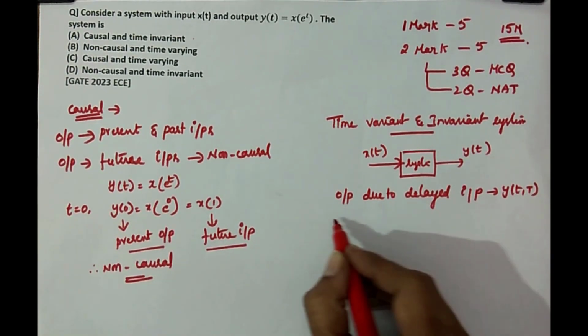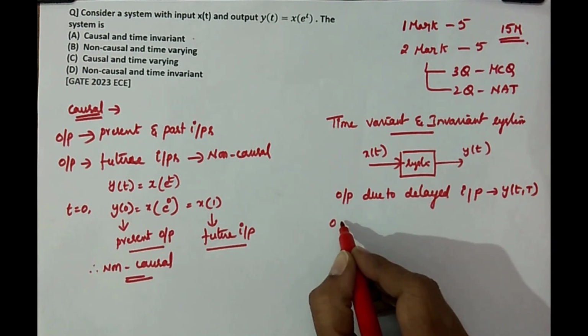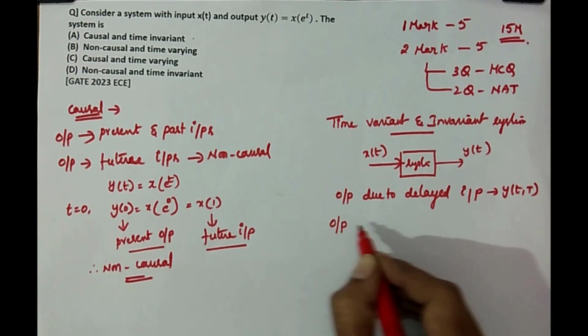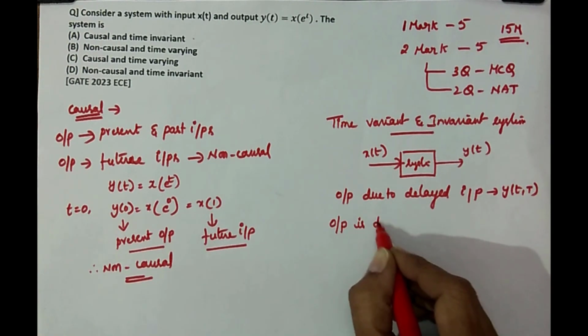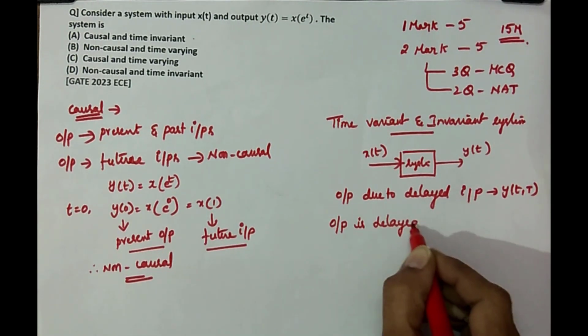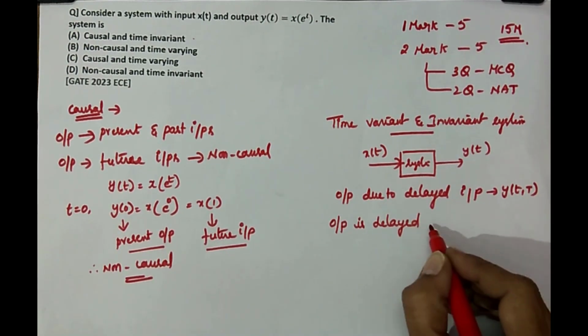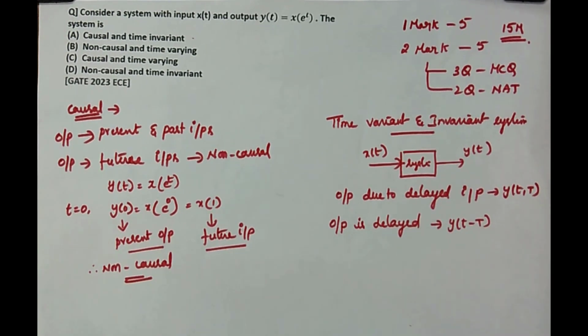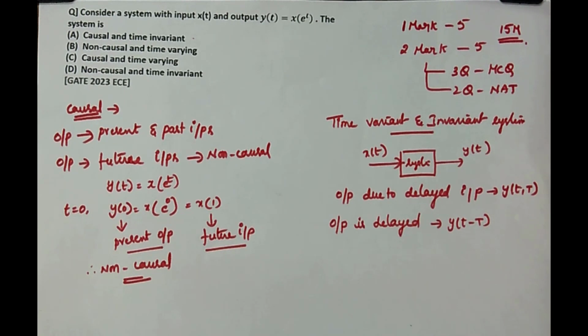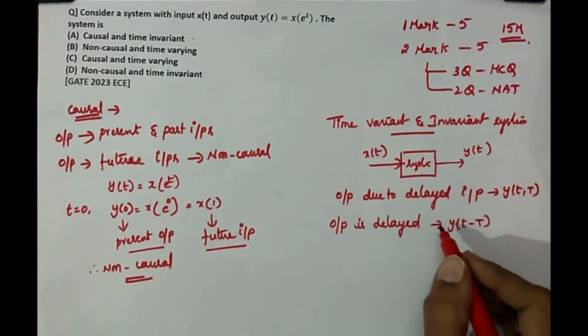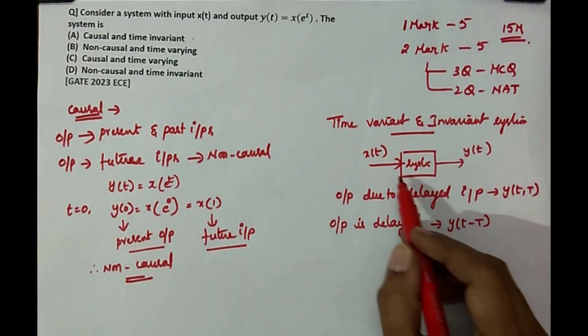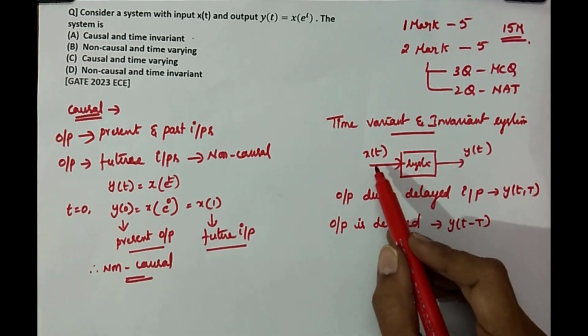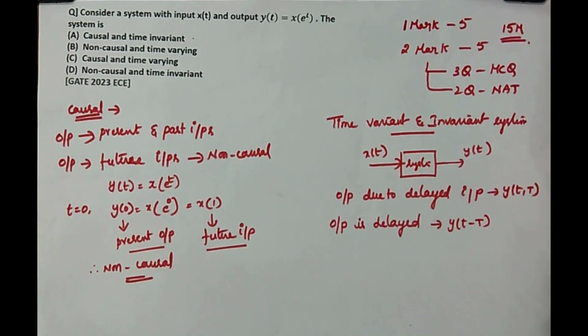And another one, output is delayed. Represent it with y of t minus T. Okay. How to connect these two with our system? First give x of t, you'll get y of t.